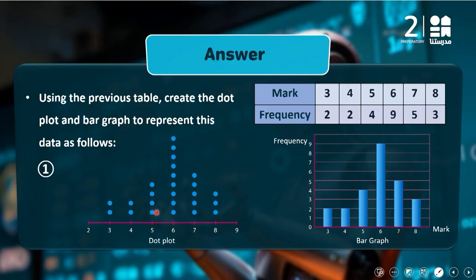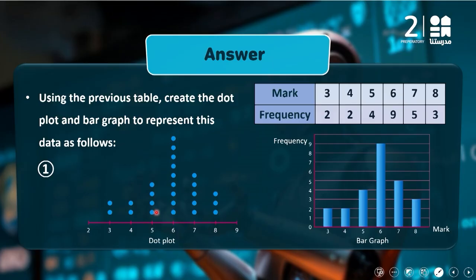What about a bar graph? In a bar graph, we have 2 axes, a horizontal axis and a vertical axis. The horizontal axis represents the data. Here the data is the marks of the students. So on the horizontal axis, we have marks, okay?